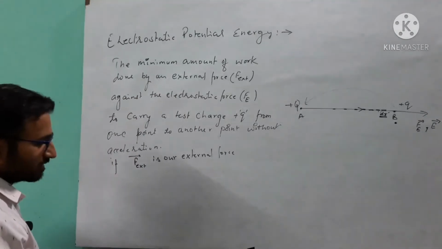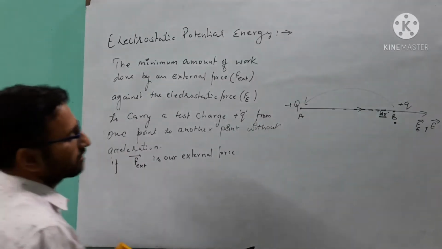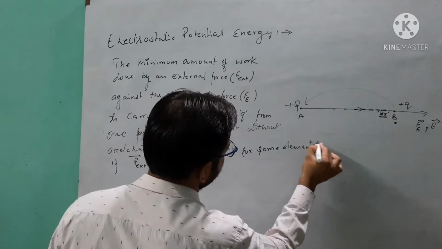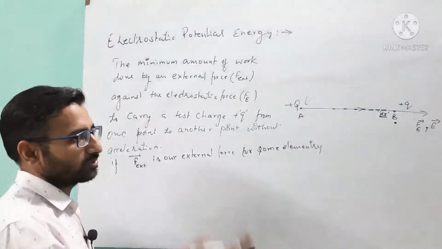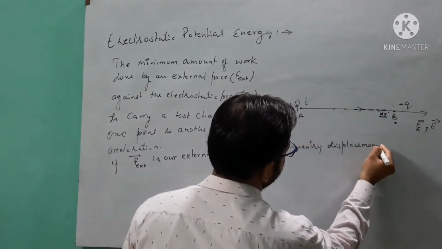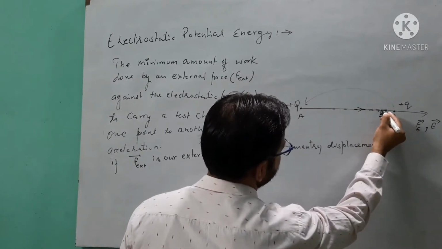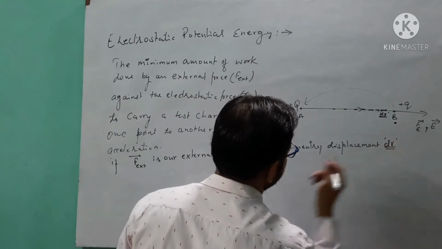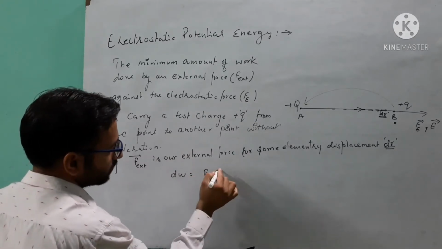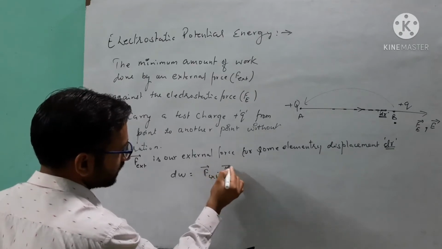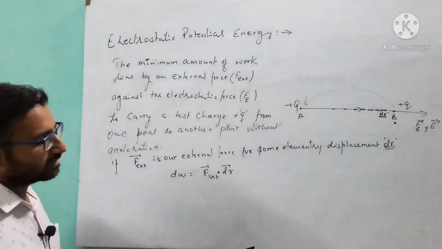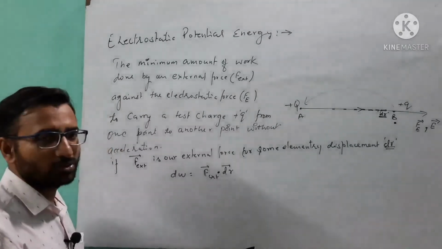For some elementary distance from B to A side, we will carry the charge by parts, not completely from B to A directly, for some elementary displacement of length dr. So we get the amount of work done: F external into dr, or F external dot product dr. This is the small amount of work done for the elementary displacement dr by the external force F external.